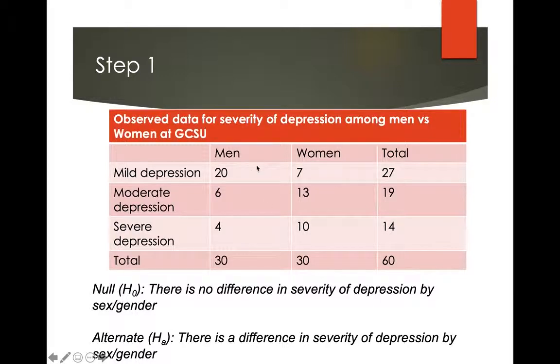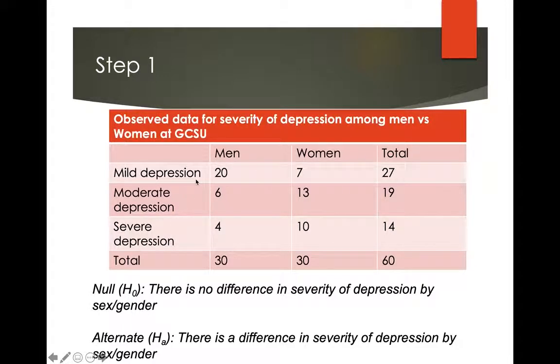So I'm not just looking to see whether the total number of depressed men differs from the total number of depressed women, but rather I'm looking to see if they differ based on the category or severity of depression.